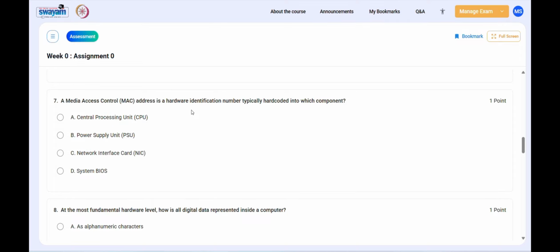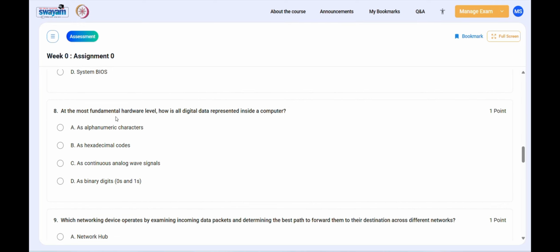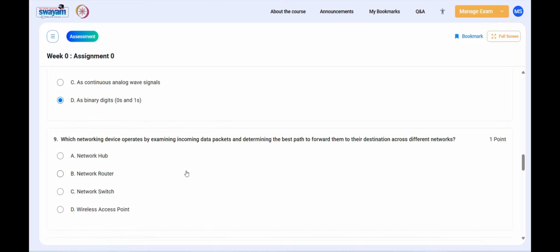Not domain, sorry, network interface card. C option is correct. Then the eighth: at the most fundamental hardware level, how is all digital data represented inside a computer? As binary digits, 0s and 1s.